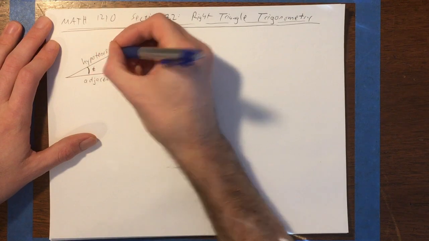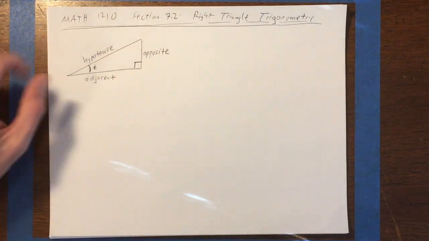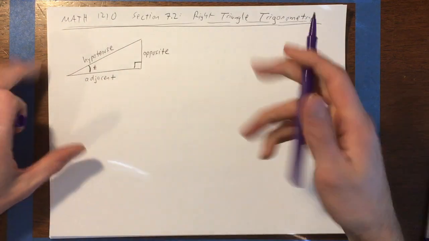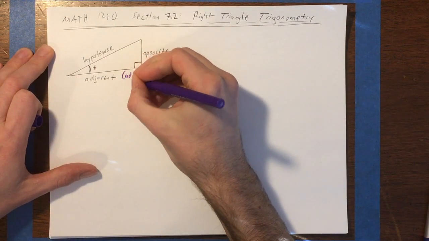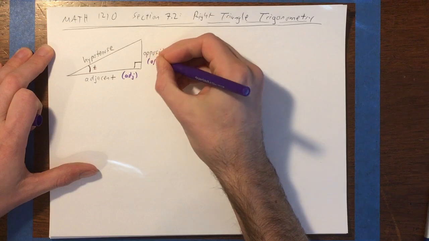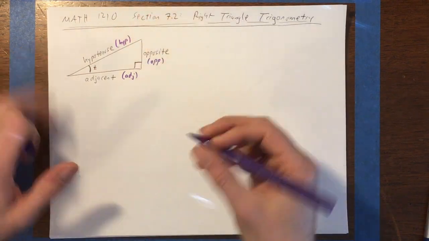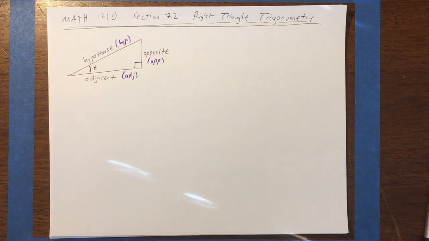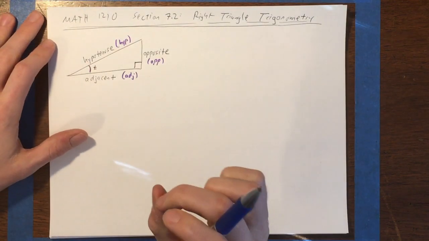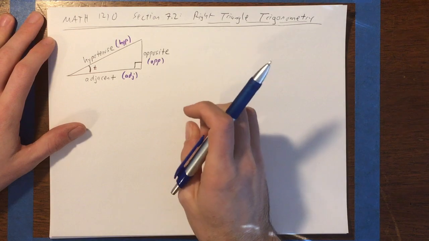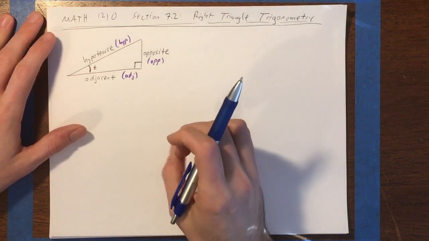So we have adjacent, opposite, and hypotenuse. I'm going to abbreviate those as ADJ for adjacent, OPP for opposite, and HYP for hypotenuse. Let's have those abbreviations represent the measures of those three sides, like the lengths of those three sides.